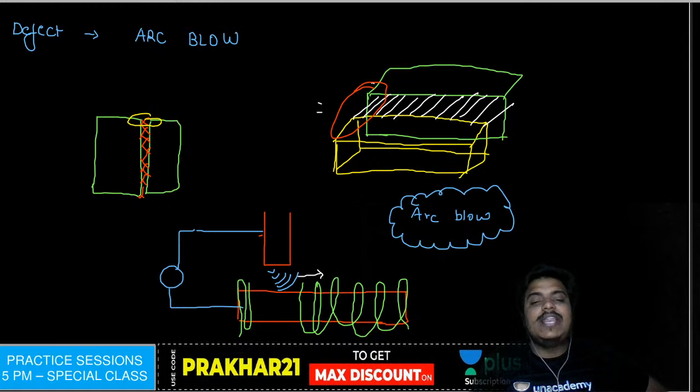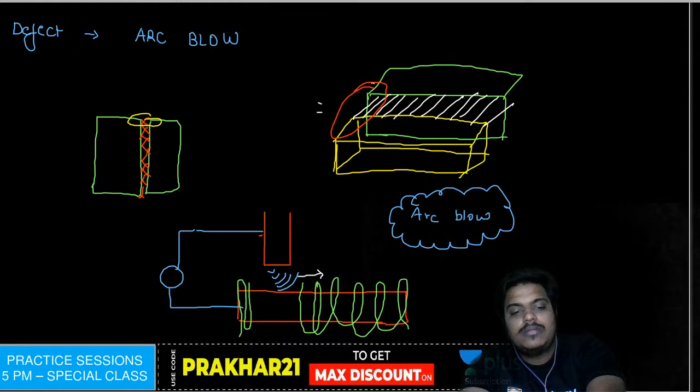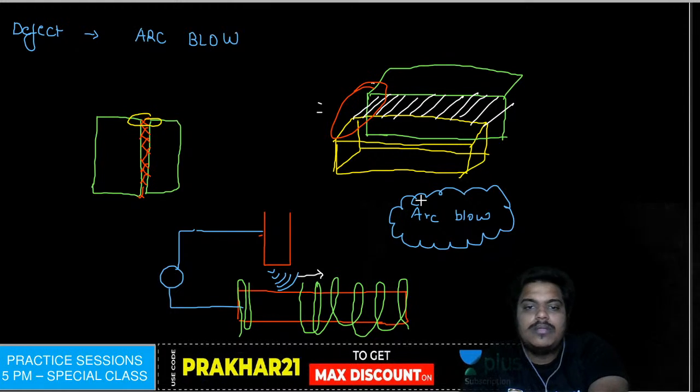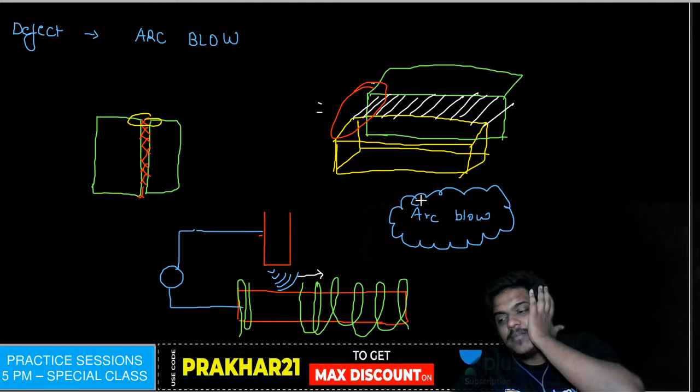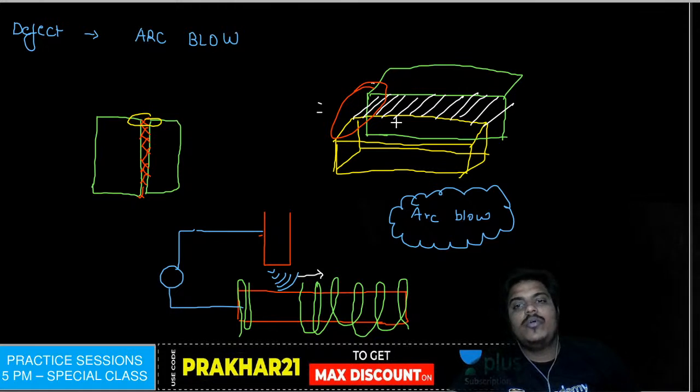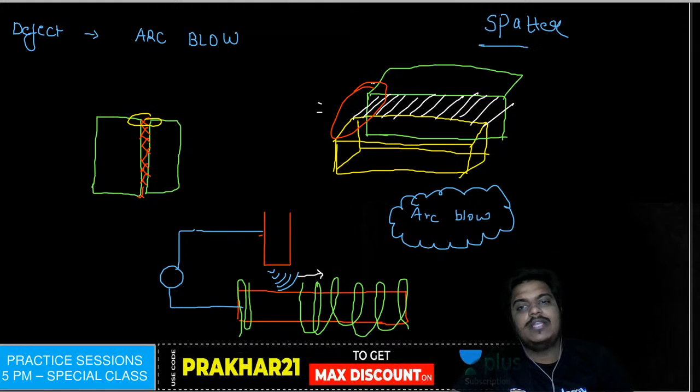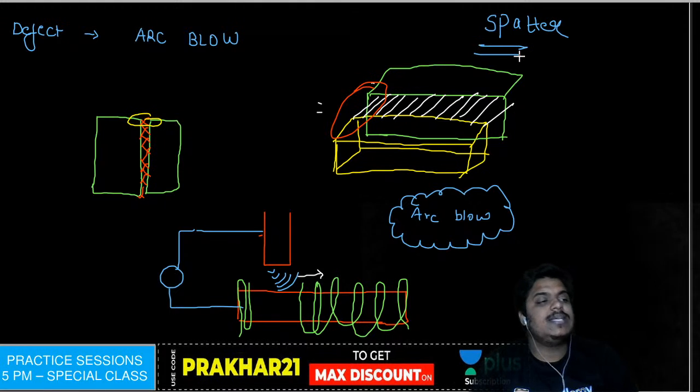And the defect related to this arc blow is known as spatter. S-P-A-T-T-E-R, written on your screens, is known as spatter.